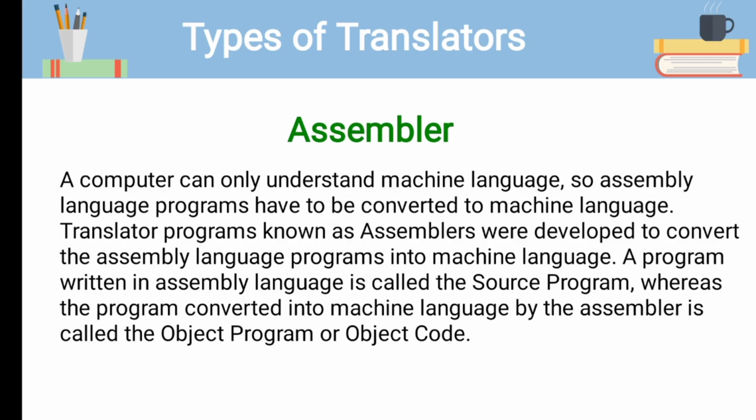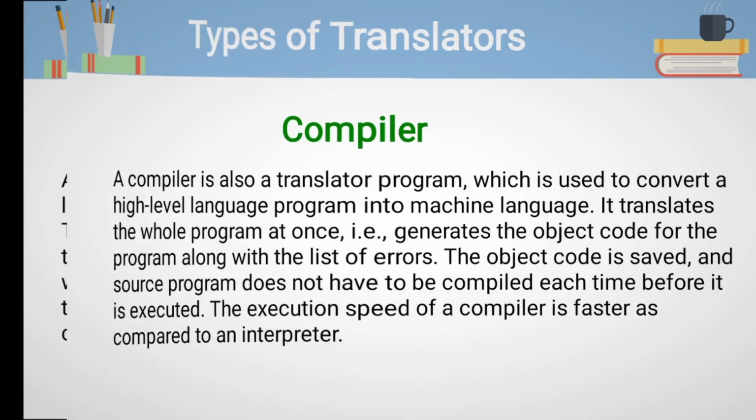A program written in assembly language is called the source program, whereas the program converted into machine language by the assembler is called the object program or object code. Like machine language, assembly language is also machine dependent, and programming in this language is also quite time consuming.